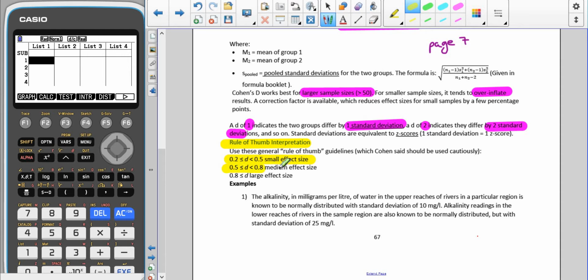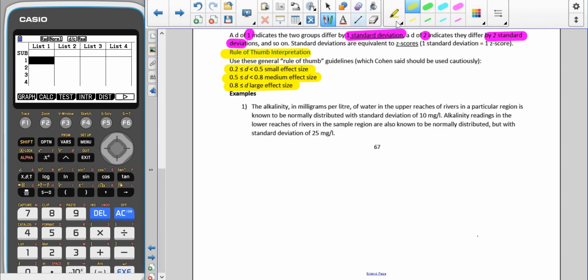If it's between 0.5 and 0.8, we call this a medium effect size. And if it is greater or equal to 0.8, then we say it is a large effect size. So having a larger d means that it has a larger difference between them, and therefore we have a larger effect size. Our test is more sound.